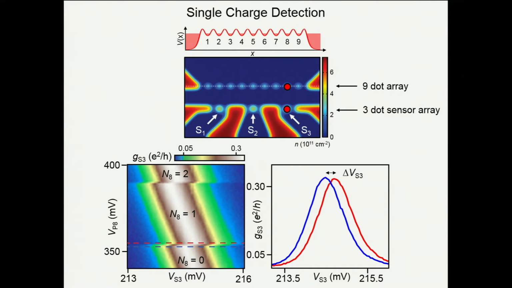What we find is that if we change the number of electrons on dot number 8 from 0 to 1, there's a shift in the position of this Coulomb blockade peak, and that shift leads to a pretty measurable change in conductance. So what we're doing directly is using one quantum dot as a local probe of the electrostatic environment to measure the number of electrons on other quantum dots in this chain, right? That's a pretty big change in conductance here.